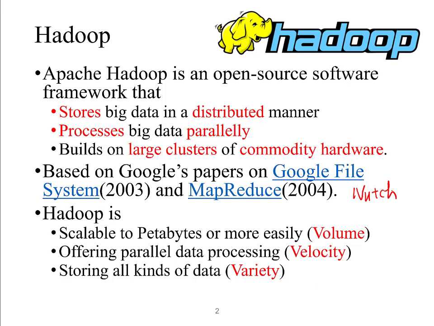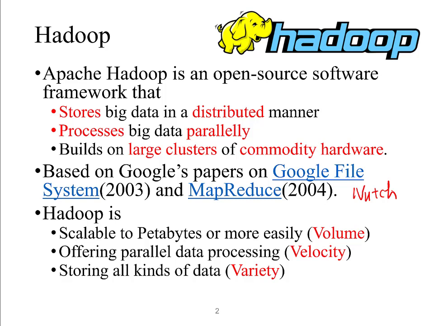You might still remember the 3 V's of big data when we introduced big data. So volume, velocity, and variety. And Hadoop can handle these 3 V's very well. So for volume, Hadoop is scalable to petabytes or more data easily because it uses large clusters of computers here.